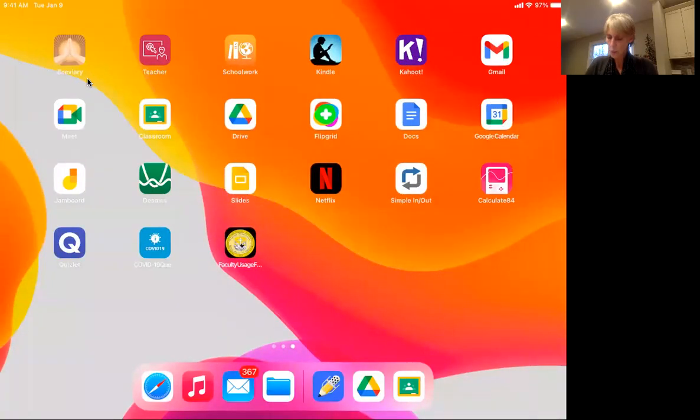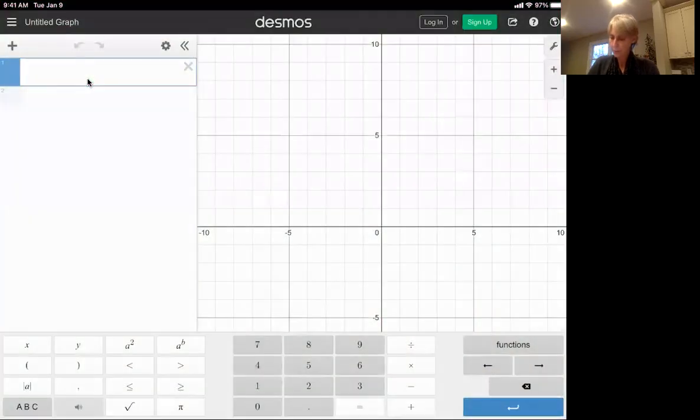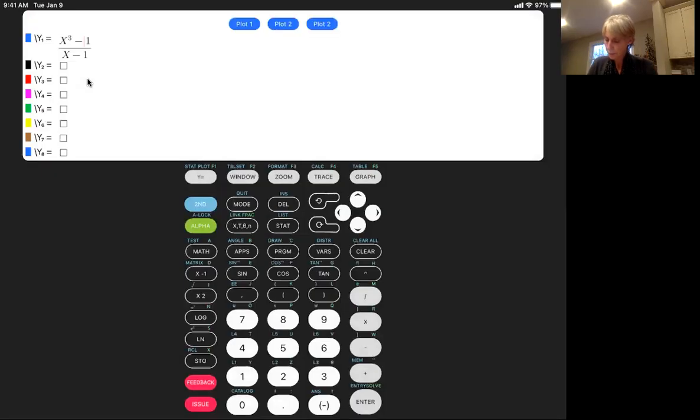What should I use? I'll use Desmos. So I'm going to graph, I can't use this, we've got to use this one. Sorry. Clear. So I'm going to graph 2 raised to the x.